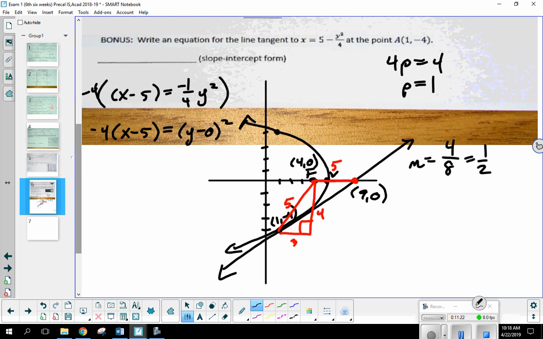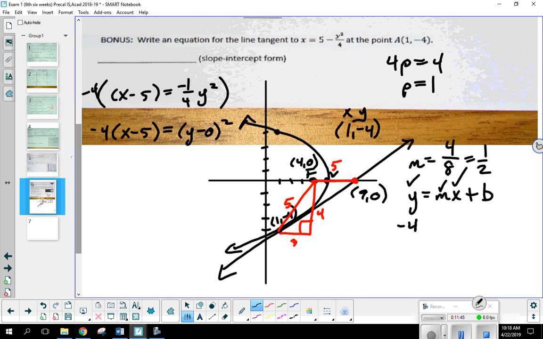Slope intercept, okay. So y equals mx plus b. So we already have the slope m. What point would you like, Zach? 9, 0 or 1, -4? 1, -4, okay. So we're going to use this point right here, 1, -4 is my x, y. And this is going to allow me to solve for b.